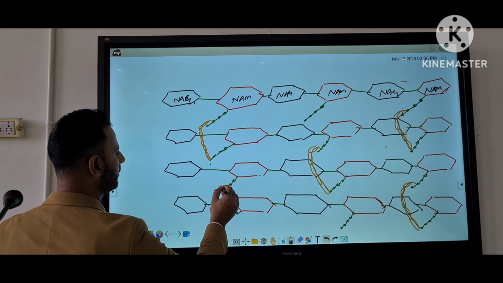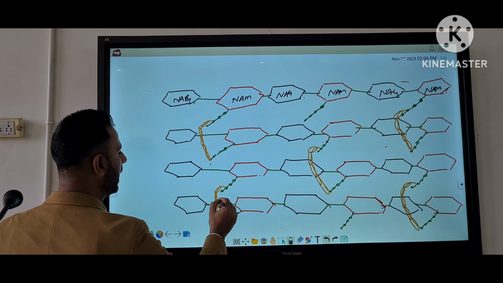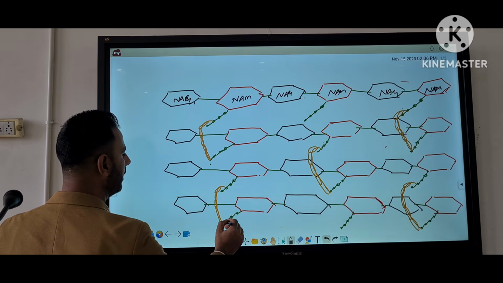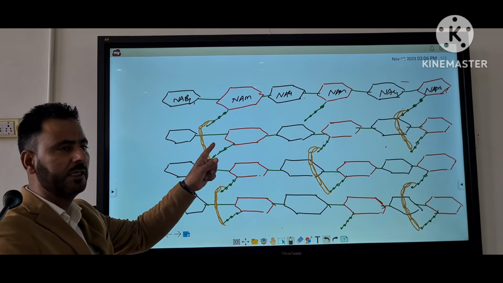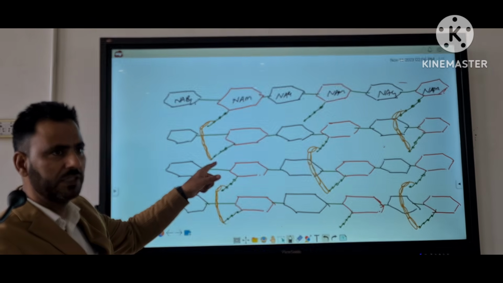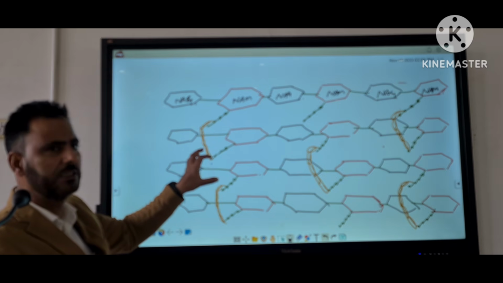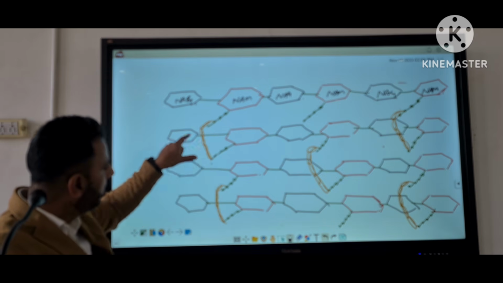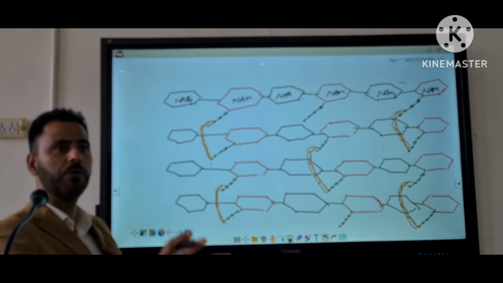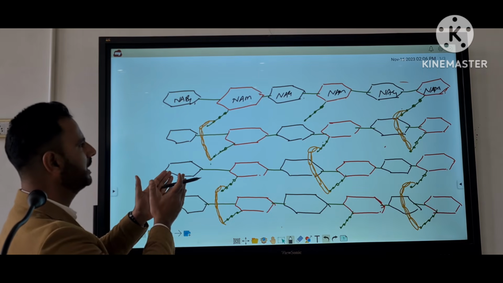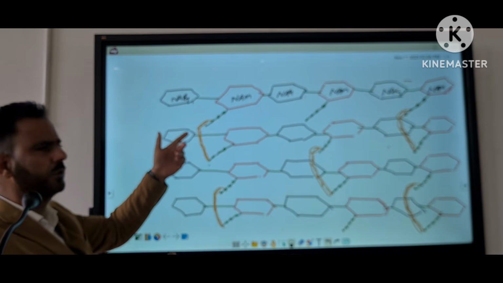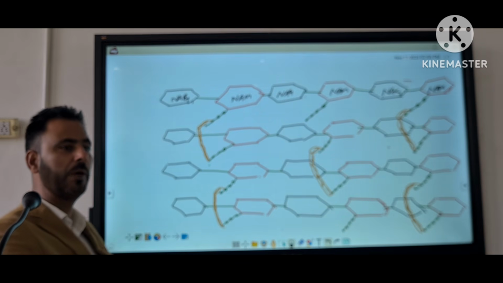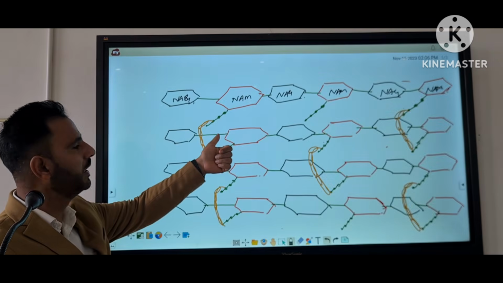But remember, at one time, suppose you are connecting this polypeptide chain with this by this pentaglycine interbridge. It is not going to form one more pentaglycine bridge. Once a pentaglycine bridge is established between the two, there is no formation of another pentaglycine bridge by the same NAM.